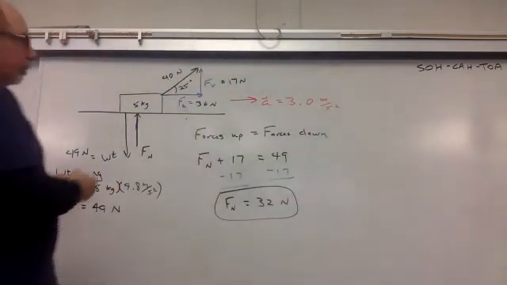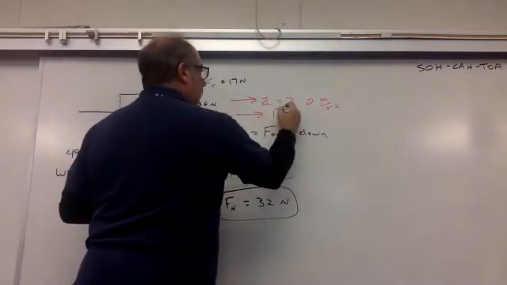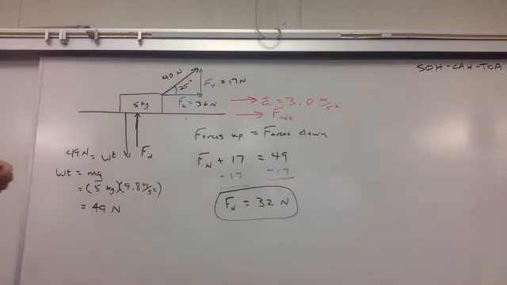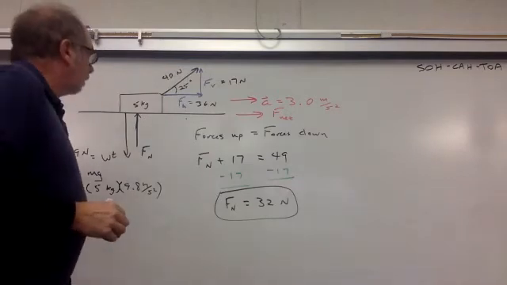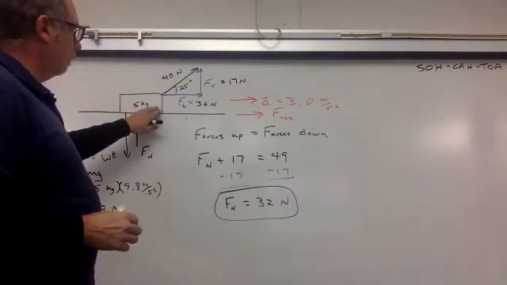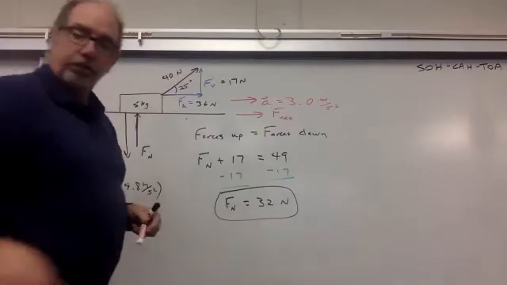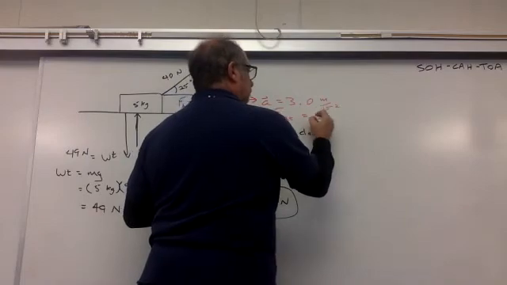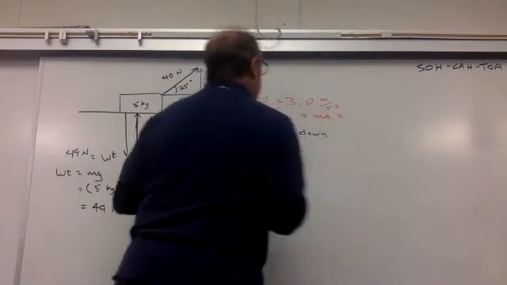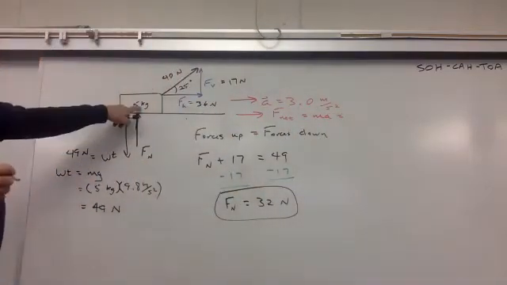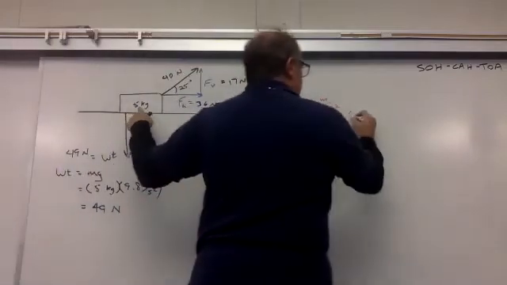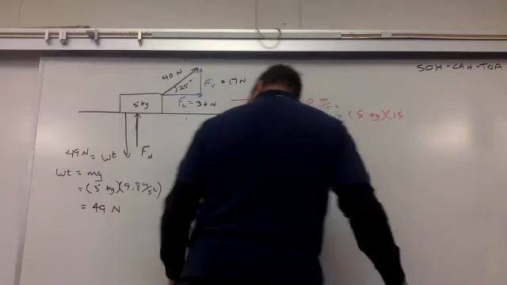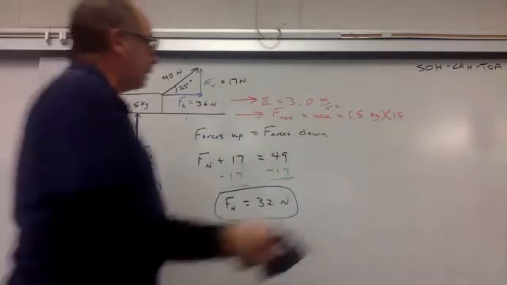This is going to require a net force, and there's actually no friction here, so this is just going to require a force of ma. That ma will be 5 kilograms times 3 meters per second squared.